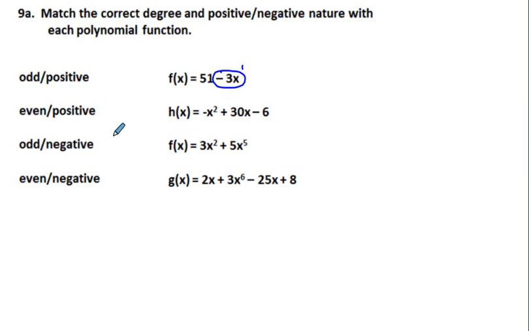So odd negative is going to be this one here. Next, negative x squared plus 30x minus 6. Our largest term is this negative x squared, and the squared is going to make this an even, and it'll be even negative.